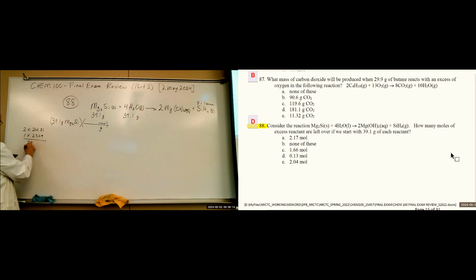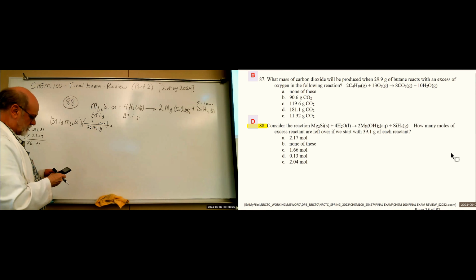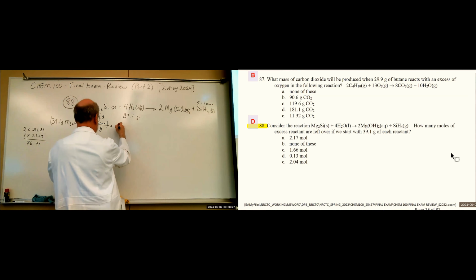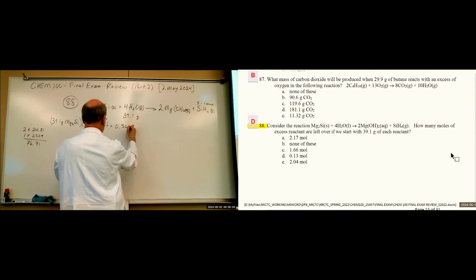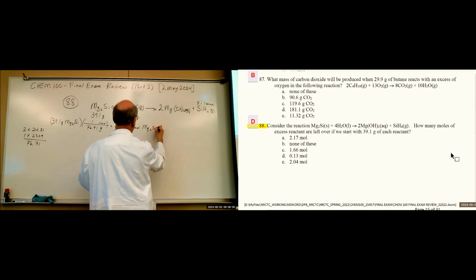This is 76.71. So let's divide that into 39.1. And we get 0.5097 moles of this compound.